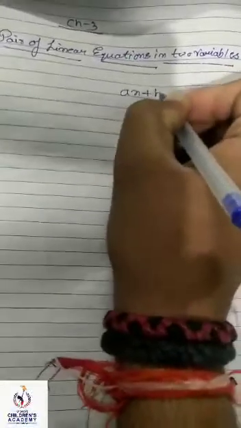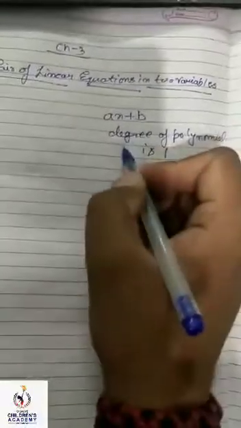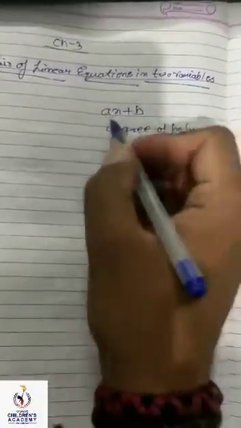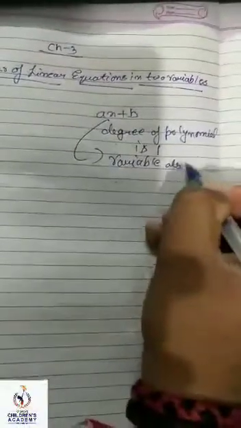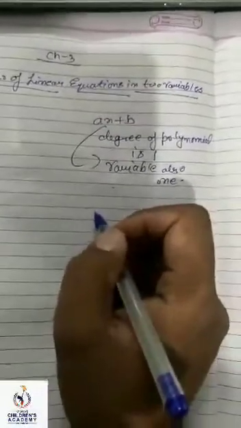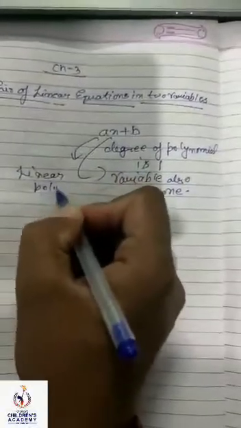Okay, so in class 9 we have already seen a chapter on linear equation in one variable. Linear equation in one variable means, let's take an example, ax plus b, where the degree of the polynomial is 1 and only one variable is there, so it is called a linear polynomial.